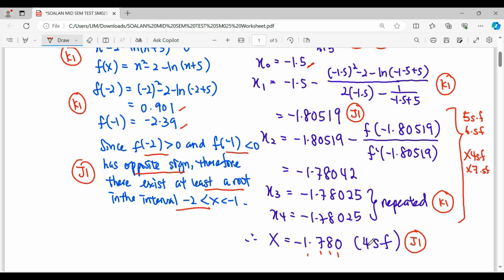Only the final answer is given in 4 significant figures. But in calculation, you can use 1 extra, or maximum 2 extra. You can't give more than that. So from here, we can accept your answer -1.8052 if you take 5 significant figures or 6 significant figures. More than that, we will deduct your marks, or your working is actually not accurate.